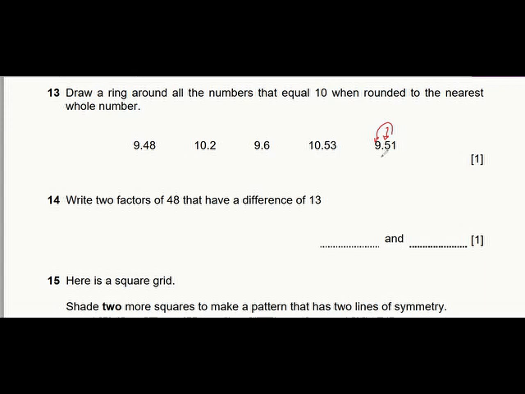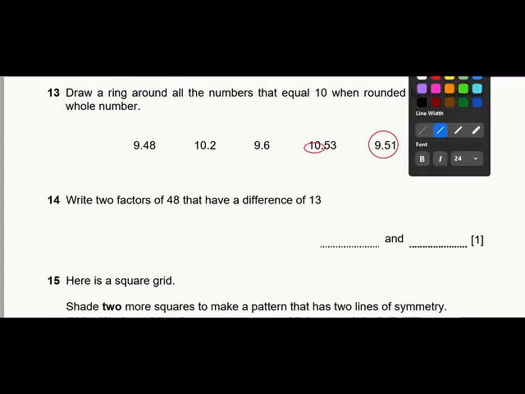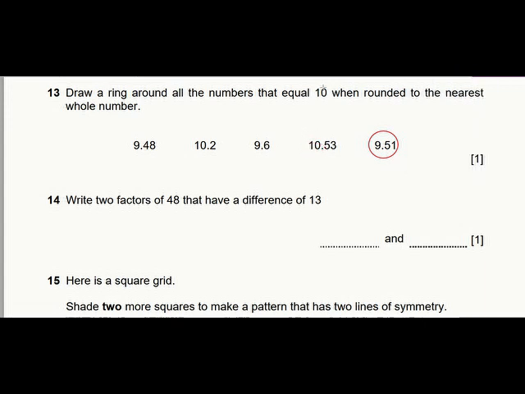So this one, it says draw a ring. So that's what we are going to do. This one could be. Now, keeping that in mind, that if I take this 5, it will make it higher. Well, it will be 11. And they are not asking me an 11, they are asking me a 10. So this is not.